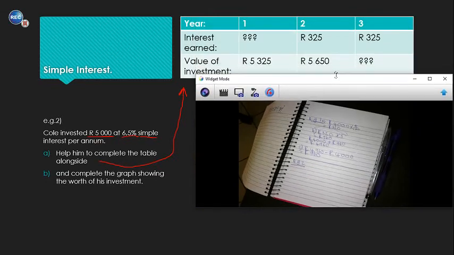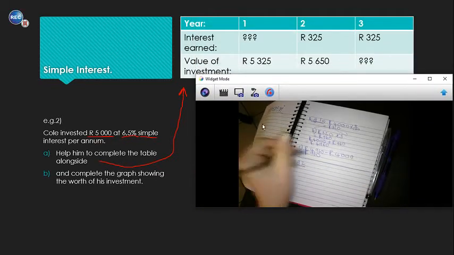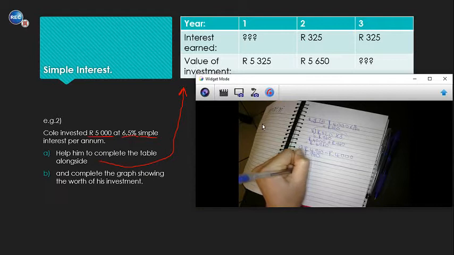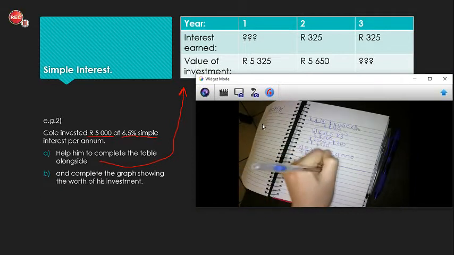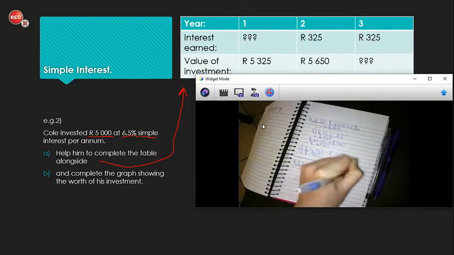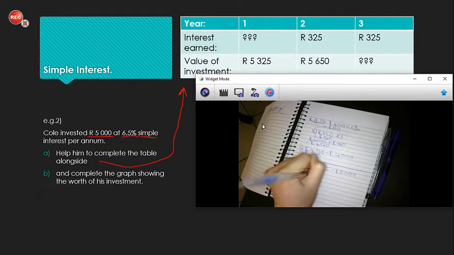So that's actually not too difficult, because he invested 5,000 Rand and it's now worth 5,325. We can just take that and subtract the original amount, which gives me 325 Rand. That was the interest for year 1.